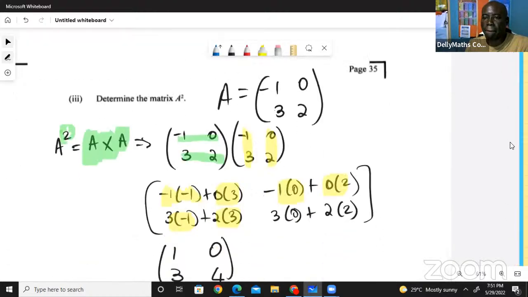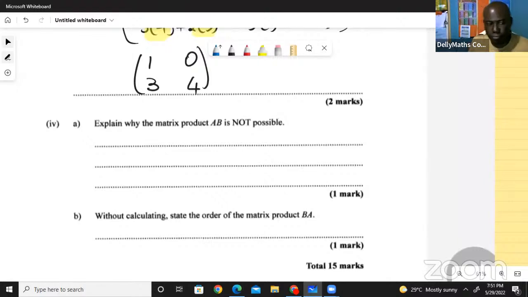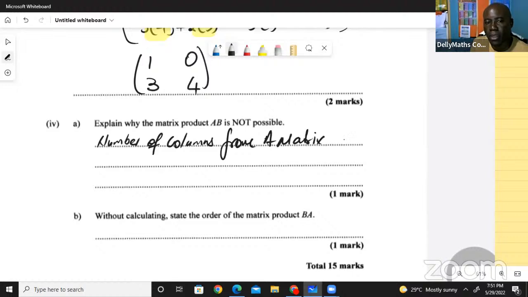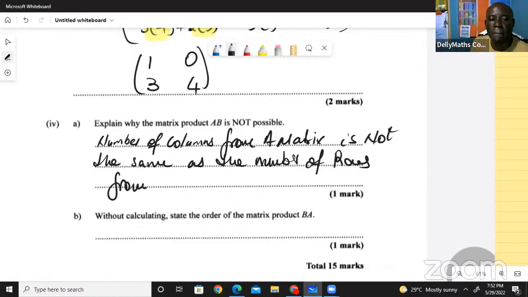All right. I'll say the number of columns from the A matrix is not the same as the number of rows from the second matrix, and I'll say B. So basically, based on how it's set up, understand?